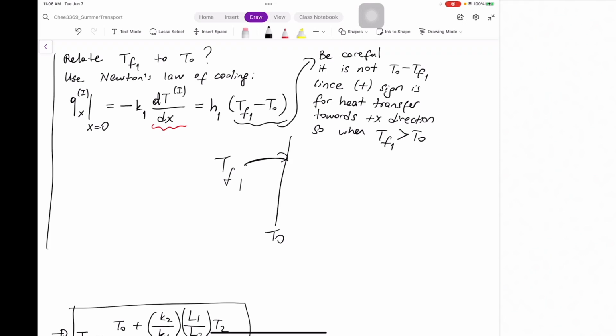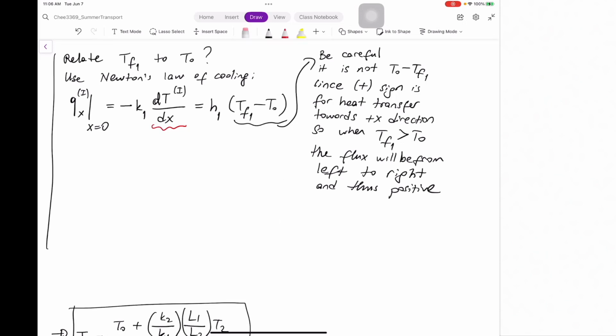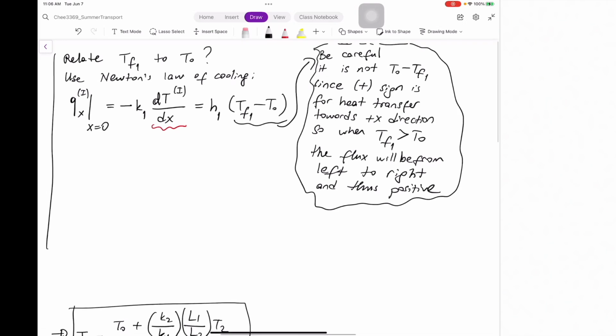So when TF1 is larger than T0, the flux will be from left to right. In other words, plus X direction, and thus positive. Okay. Any question about this? It's a very common mistake that students make to take it the other way around. So you should be careful about which way to subtract.